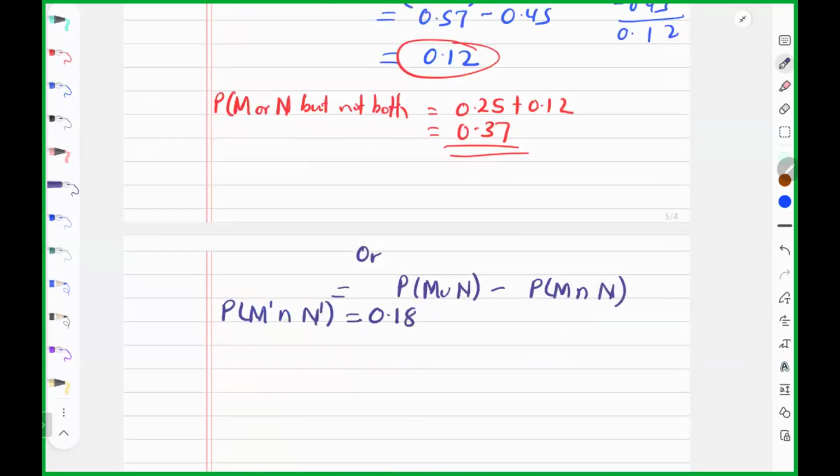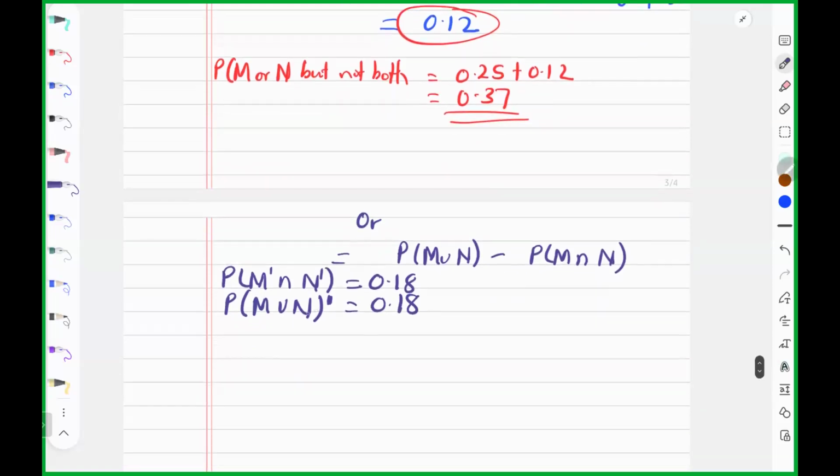But remember, this probability can also be written as probability of M union N, complement. The complement moves out of the brackets and the intersection changes to union. These are De Morgan's rules in probability, which is well explained in the probability playlist, I think in lesson 2.